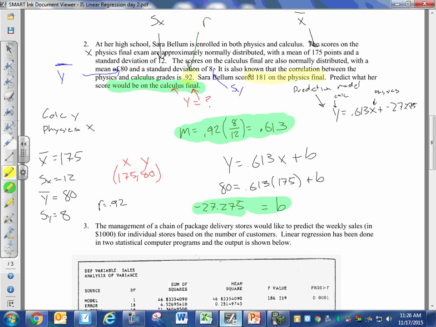Well, plug in 181 for physics, find calculus. And we get 83.678.